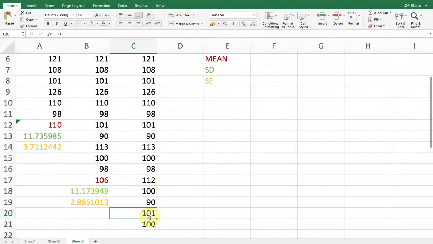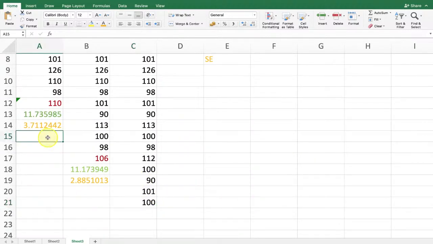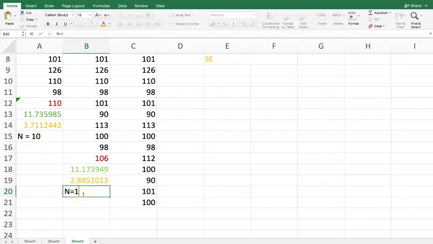So we ended with 98. So 1, 2, 3, 4, 5. We added 5 more, making our sample size 20. Here, our n equals 10. Here, n equals 15. Now we have n equal to 20.